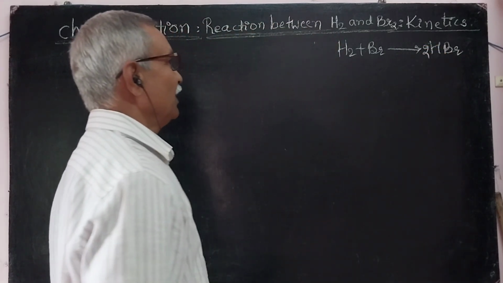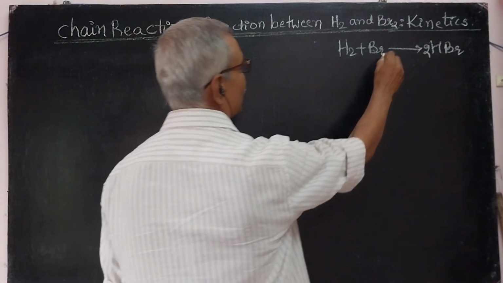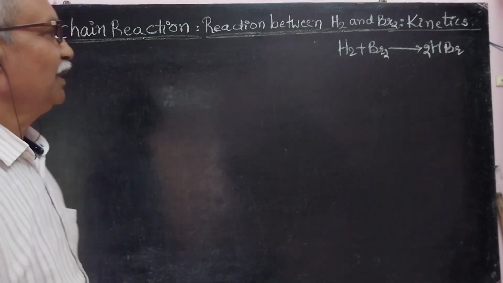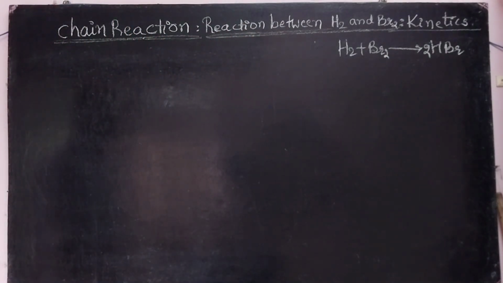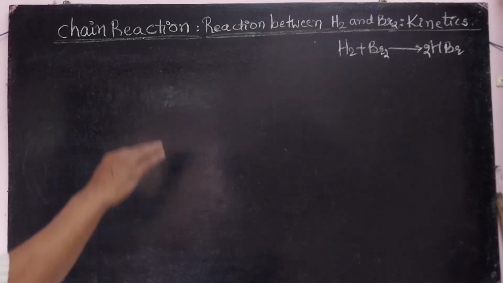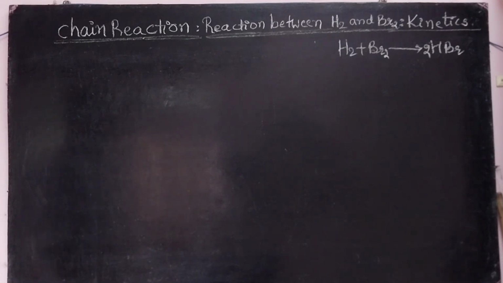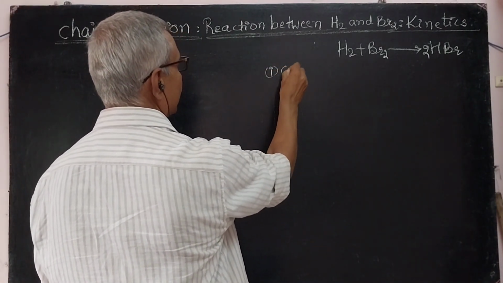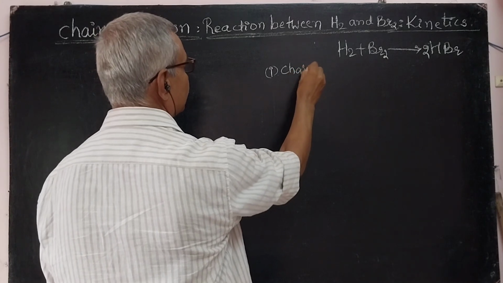That is, one molecule of hydrogen reacts with one molecule of bromine to give two molecules of hydrogen bromide. Now this reaction takes place in different stages, that is, it is an example of a chain reaction. The first step of the chain reaction is chain initiation.